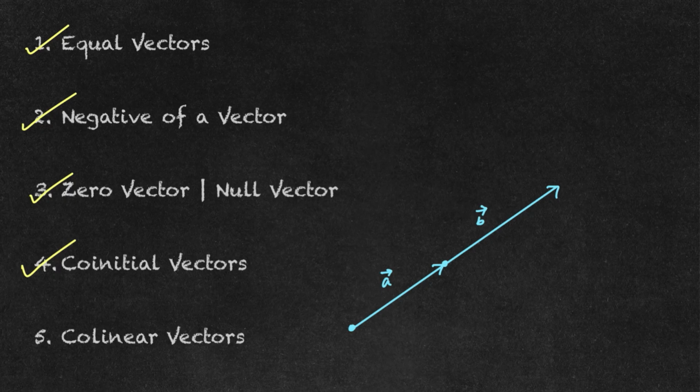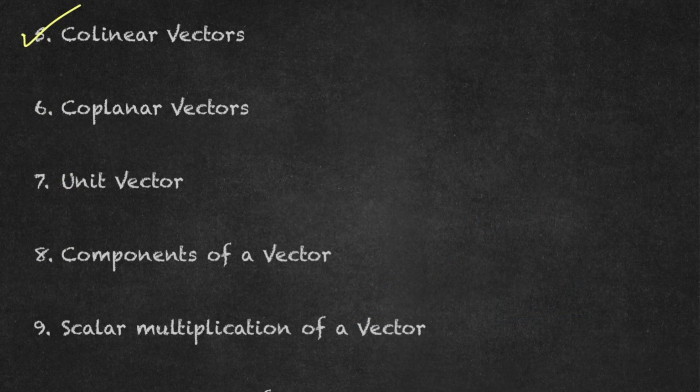And here we have to note that if two vectors are collinear, then we can represent one vector equals to the scalar multiple of another vector, where lambda is any scalar. So this thing we have to note. It is very important that if two vectors are collinear, then one vector can be represented the scalar multiple of another vector.